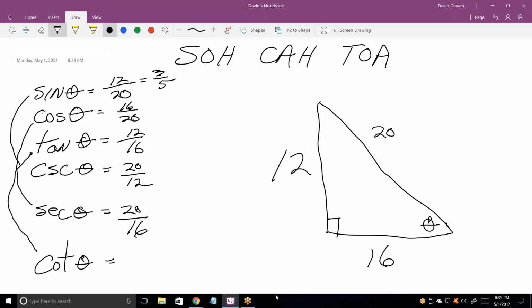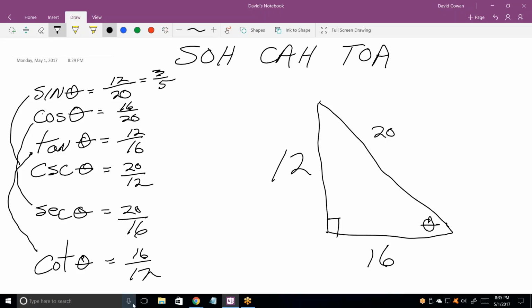Even though they're not, they're just as primary as the top three. It's just that whenever I think about cosecant, secant, and cotangent, I need to think first in my head which ones they are reciprocals of. So these reciprocal relationships are extremely important.